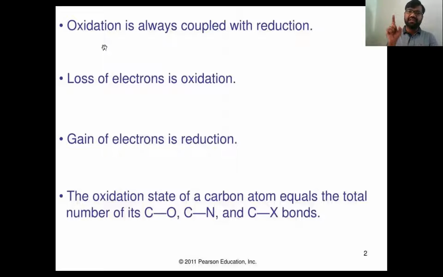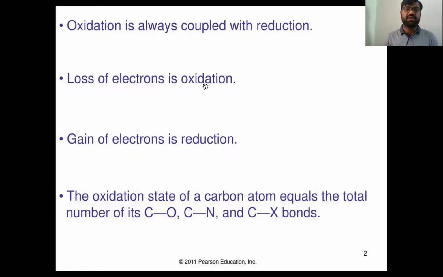I mean to say, whenever any substance undergoes oxidation, another substance parallelly undergoes reduction. Both always occur simultaneously, in a parallel fashion. One substance is being oxidized, the other substance is being reduced.